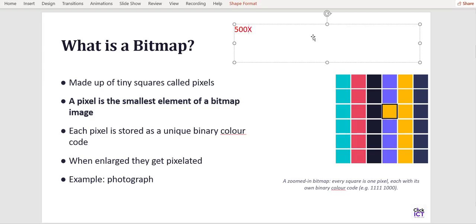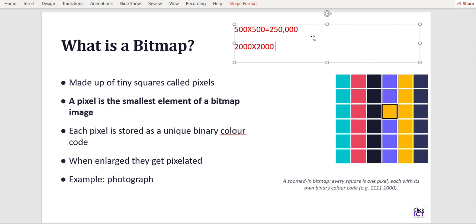For example, there is an image and it is 500 by 500. So it means that there are 250,000 pixels in that image. When I enlarge, when I scale up to 2000 by 2000, the computer is not going to create new pixels, but the same 250,000 pixels are going to be covering more area, more blocks.